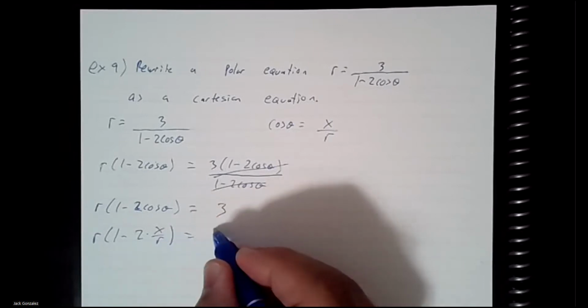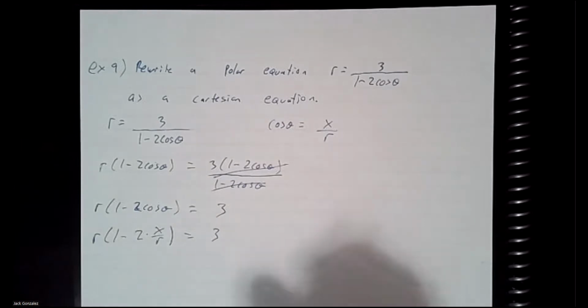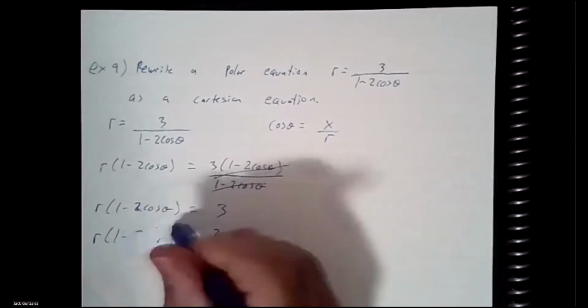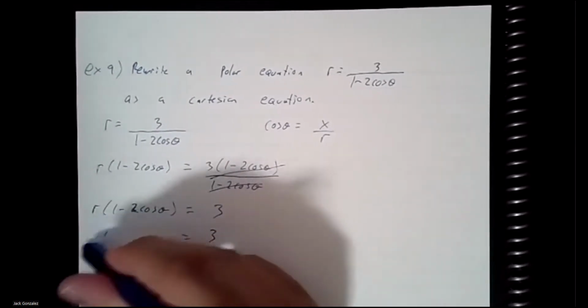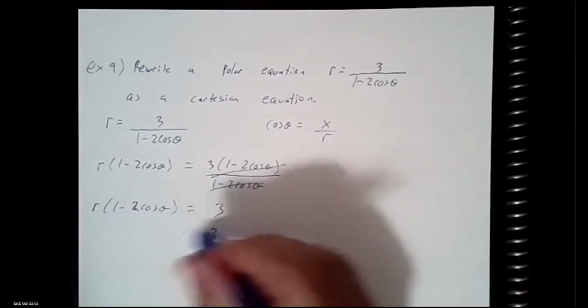So I'm trying to get back to x. You know what? Now that's kind of weird too. I got a better idea. What we're gonna do, that's how the book wants to do it, but I don't think that's the easiest way.